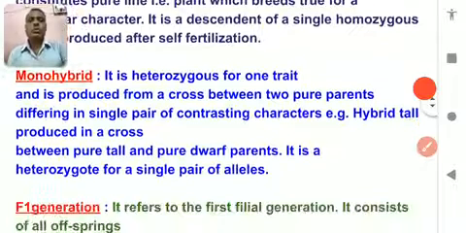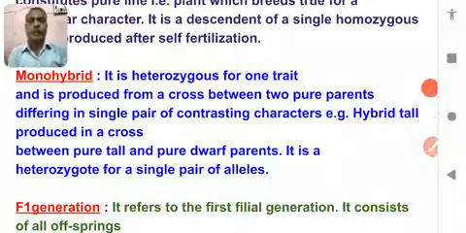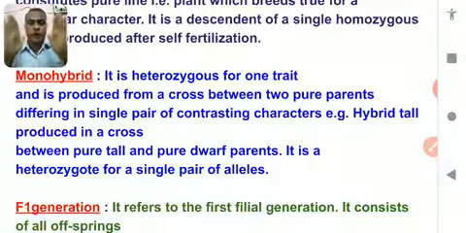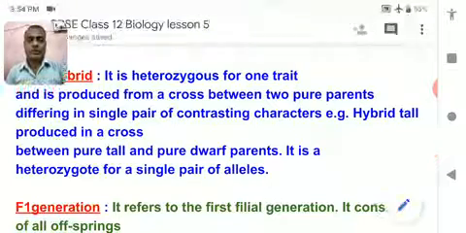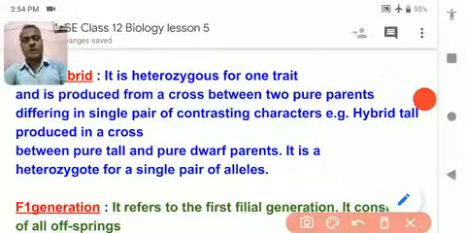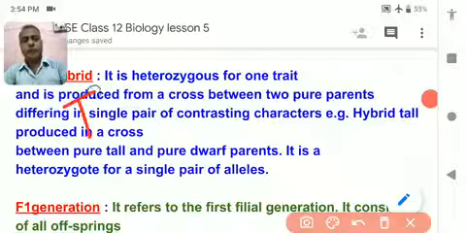So what is called a monohybrid cross? If we cross two organisms of the same species and both of them have the character or trait just opposite to each other, then this is called a monohybrid cross.